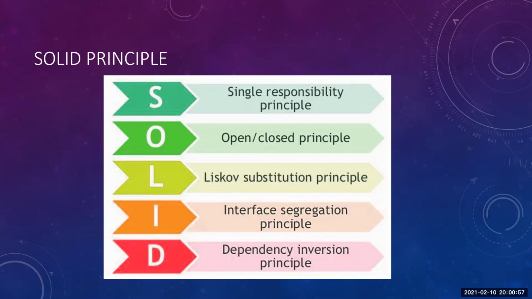Let's assume that you have one interface which talks about user databases or user profiles, and one interface which talks about logistics. What the I principle says is that you should never put all these methods into one interface, say an application interface.